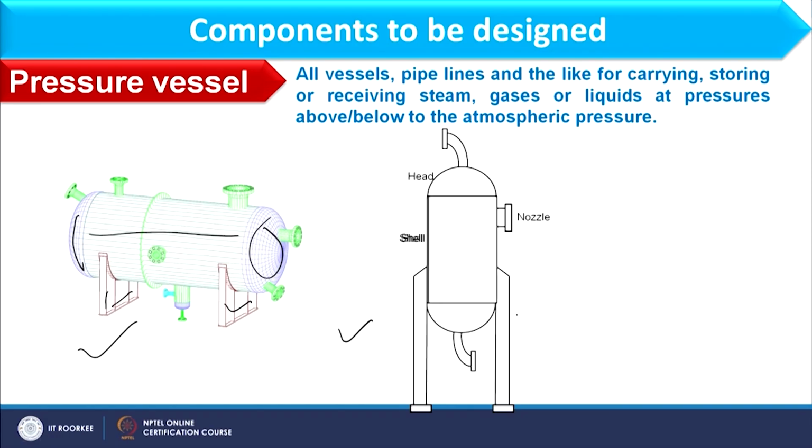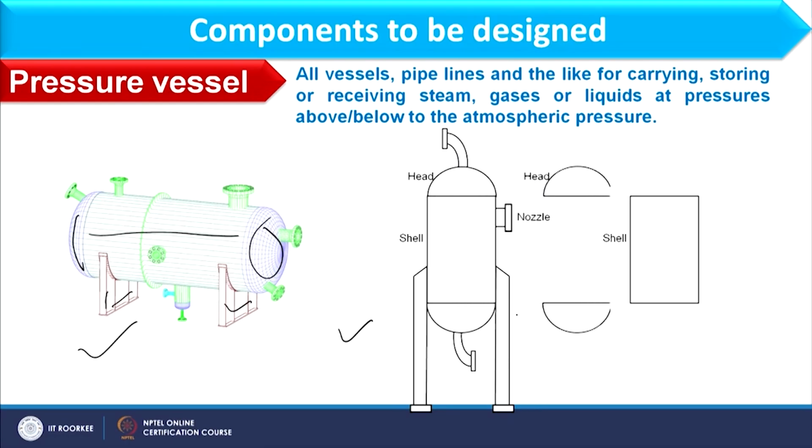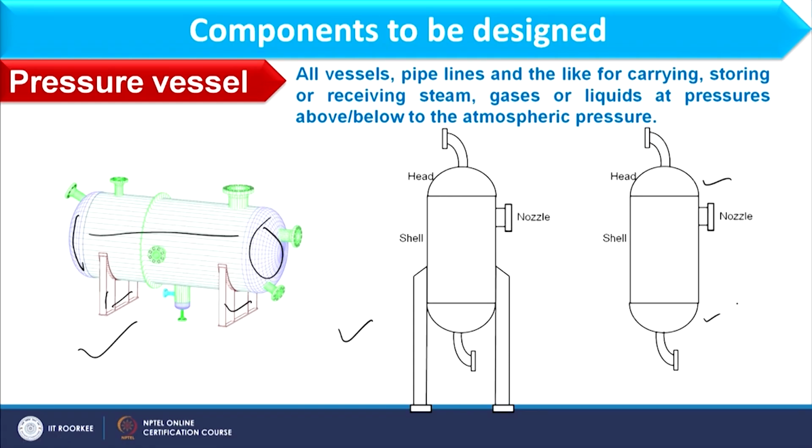First of all we will start with the shell, then we will design the heads, then proceed to the nozzle, and for the nozzle we also have to discuss the compensation that will be placed when we make any nozzle or opening in the shell or head, and finally we will design the support. In such stages we design the different components and then join these designs together to make a complete pressure vessel.